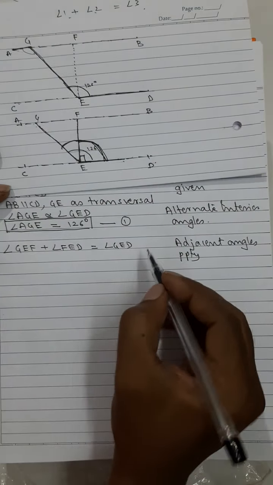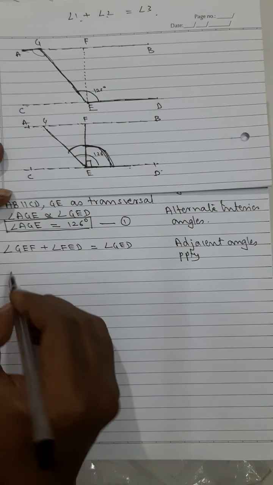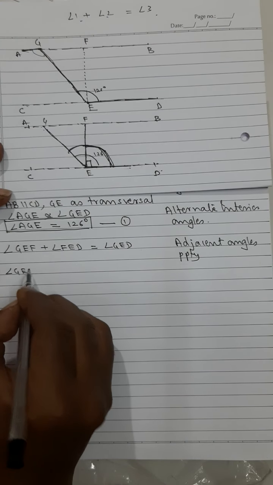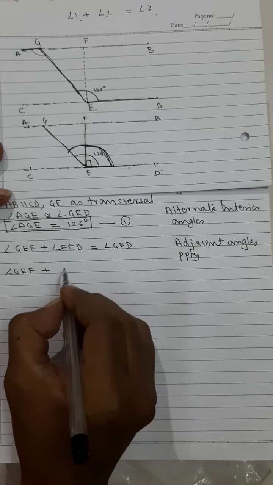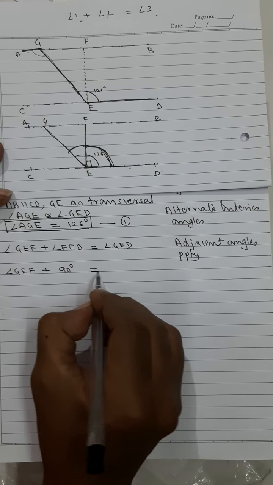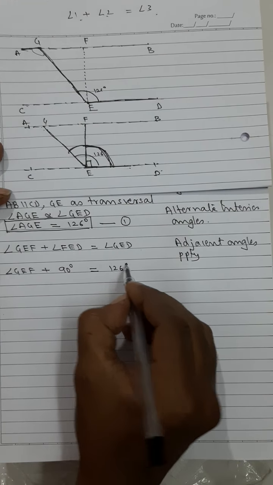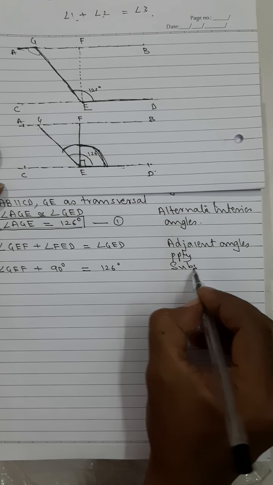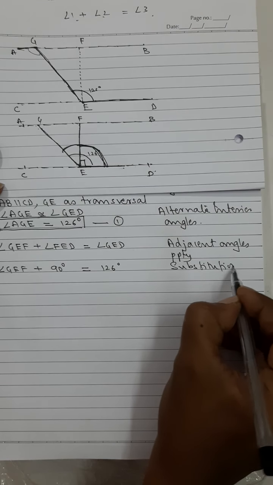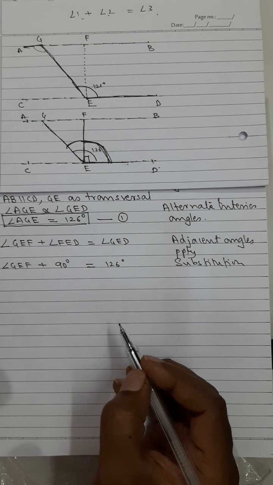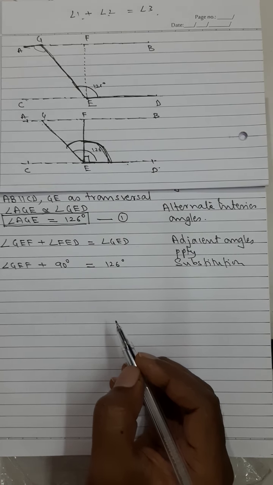And then you substitute over here. Angle GEF you don't know, angle FED is equal to 90 degrees, this is given, and this is equal to 126 degrees. Here you have just done substitution. Framing equation, substitution, solving, and that's all.